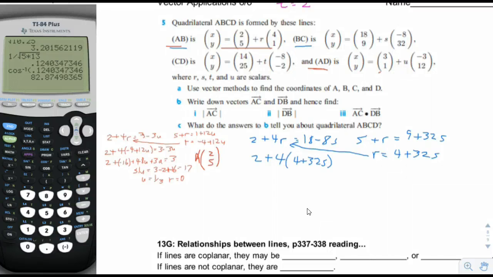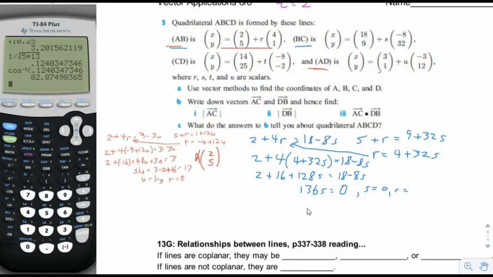We'll have 2 plus 4 times 4 plus 32s equals 18 minus 8s. So 2 plus 16 plus 4 times 32 is 128s equals 18 minus 8s, so that would be 136s equals 18 minus 18 is 0, so s is equal to 0, and r is equal to 4.